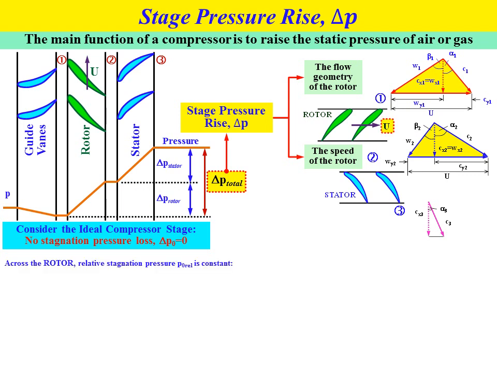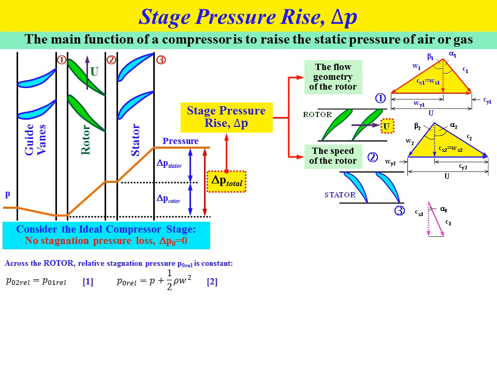Okay, so across the rotor, we have to know that the relative stagnation pressure, P naught relative, is constant throughout the compression process, where we have equation number 1: P02 relative equal to P01 relative.